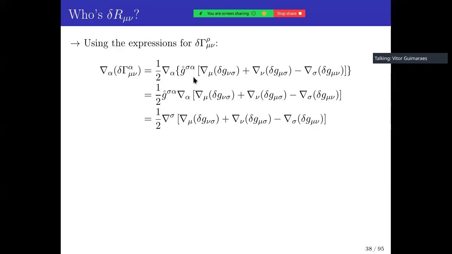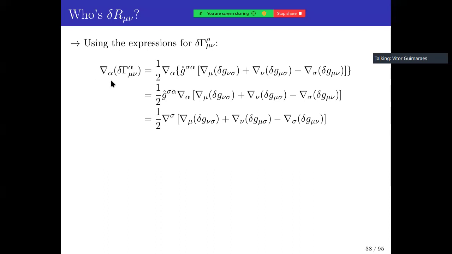It's equal to 0, right? So because this covariant derivative is compatible with the background metric, okay? So in a way, what is left is this, okay? And so what we did here was to raise this index here, right? Using the inverse metric. So this is what we obtained finally, okay?